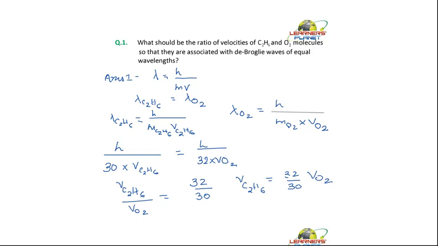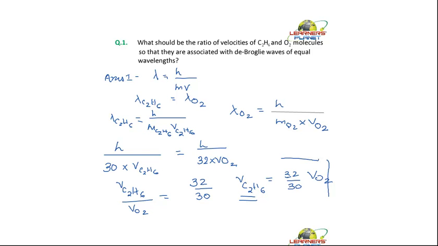If we simplify it, you'll get about 1.2 or something. So the velocity of the ethane molecule should be 32 by 30 of the velocity of oxygen.